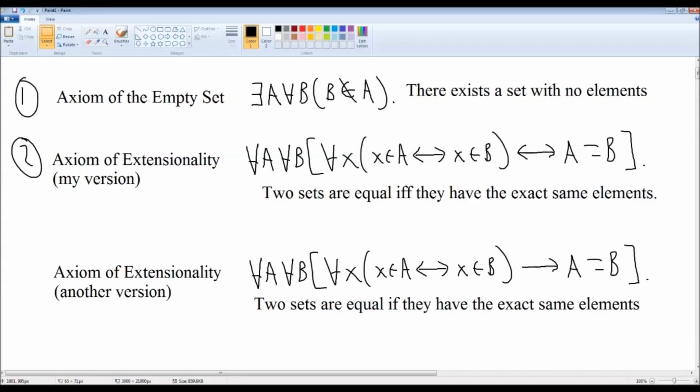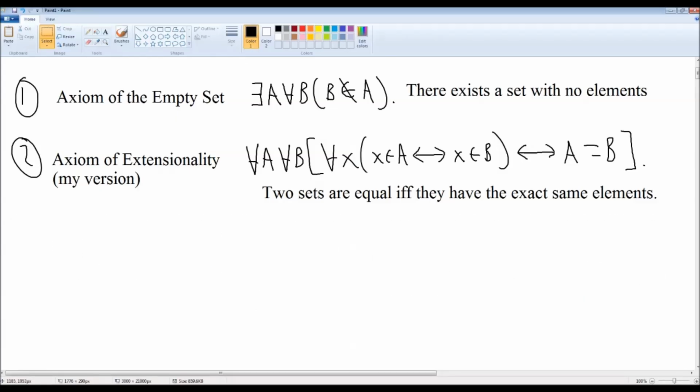So both ways of stating the axiom of extensionality are equivalent. I prefer my version, however, because I think it's more intuitive and easy to understand for beginners.